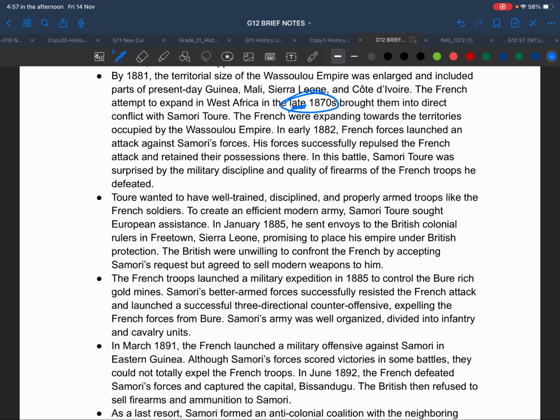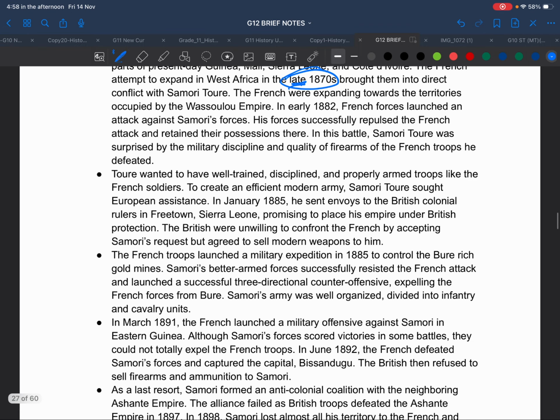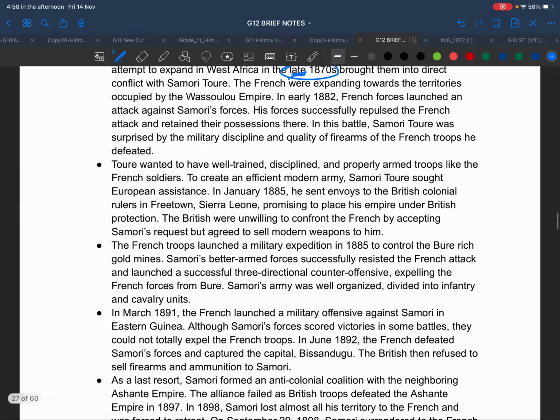In early 1882, French forces launched an attack against Samory's force. His force successfully repulsed them, meaning pushing back. He defeated them and controlled all the territories that had been in the hands of the French colonizers.